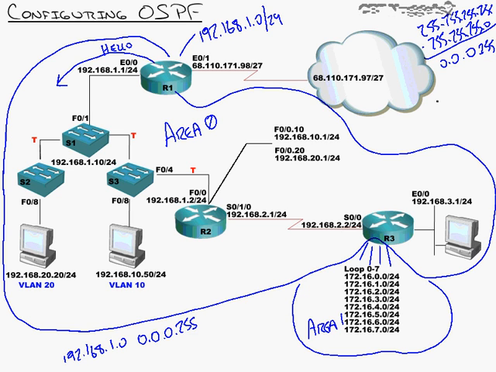Now, I know you're looking at that going, I don't need a formula for that. But when we get to access lists, you'll thank me for that. Okay, here's what it means. I know, just throwing this out there doesn't mean anything. Anytime you see a 0 in your wildcard mask, line it up and match it to the network that you've typed in. So 0 matches here. 0 matches here. 0 matches here.